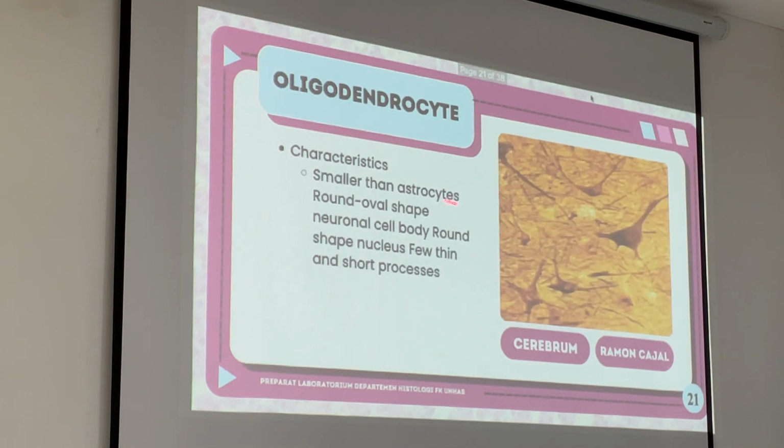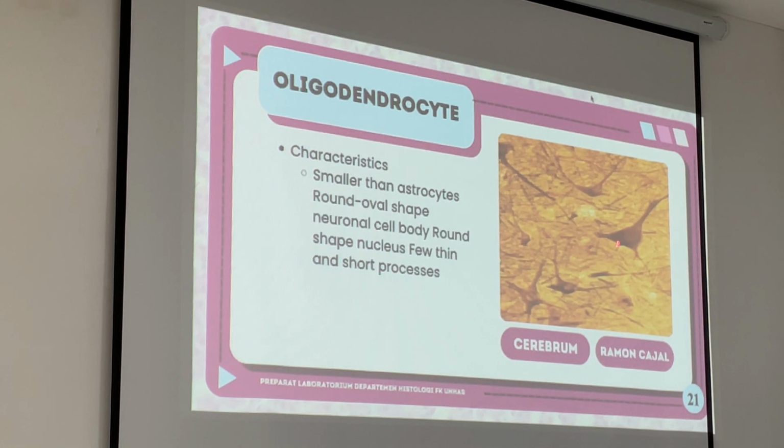And oligodendrocytes, like Dr. Suti said, because this is the Ramon y Cajal staining, we cannot see the pyramidal cell actually. Ramon y Cajal stains only the astrocyte cells. So this is the oligodendrocytes. The shape of the perikaryon looks more like a pyramid, so maybe your assistant mistook it for the pyramidal cell, because the shape of the cell is almost the same.